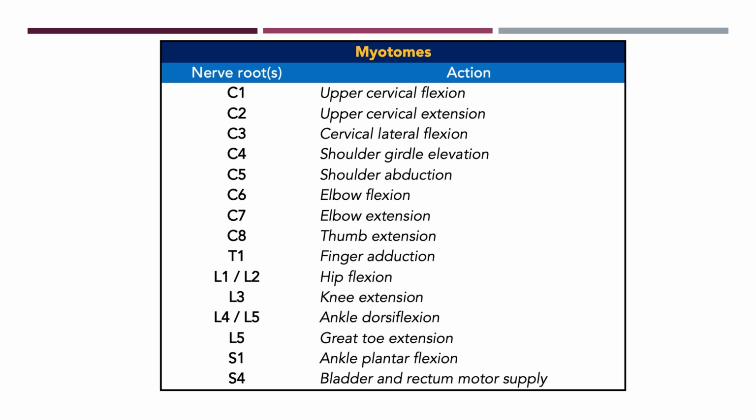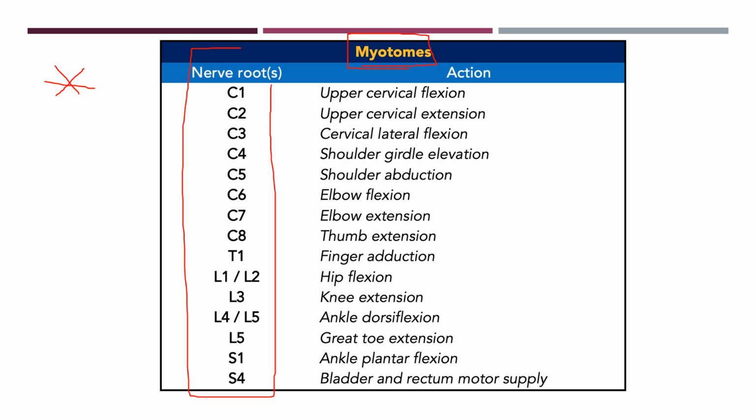This is something that I would probably star on this slide, talking about myotomes. So myotomes relate to the actual motor function that these nerve roots affect. Okay? So I'm going to keep it fairly easy for you and say that I want you to know the lumbar spine. L5 to L1 here.